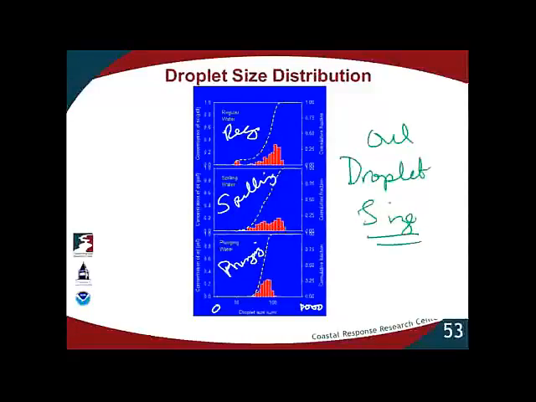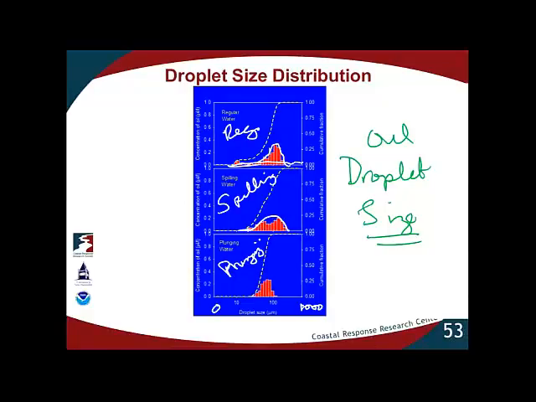So, if we have a regular wave, look what happens, okay? You get a droplet size distribution that's very varied, okay? You get some droplets that might be really tiny over time, and you get some droplets that are around this 100 micron range. In a spilling wave, you get a much tighter distribution, okay?